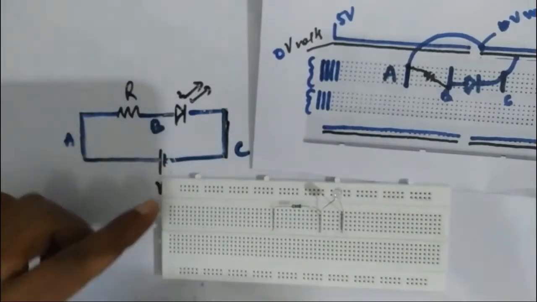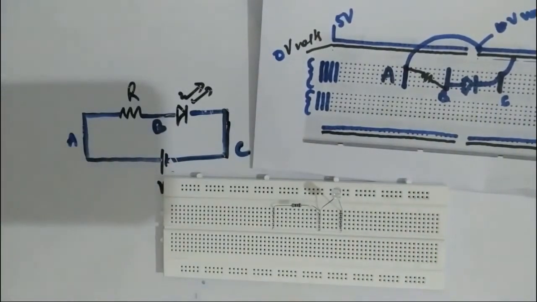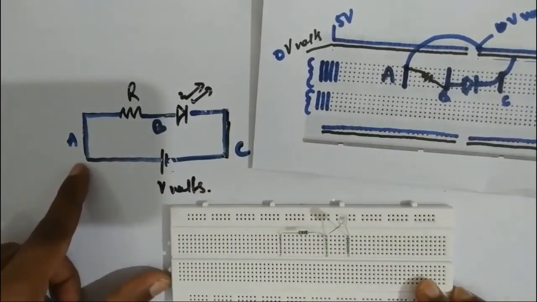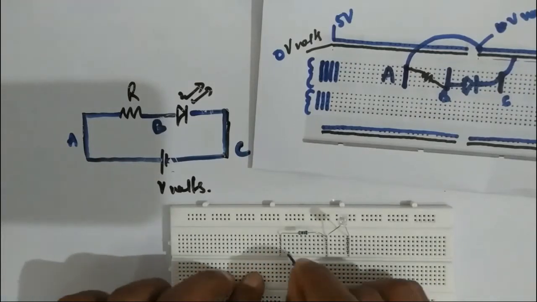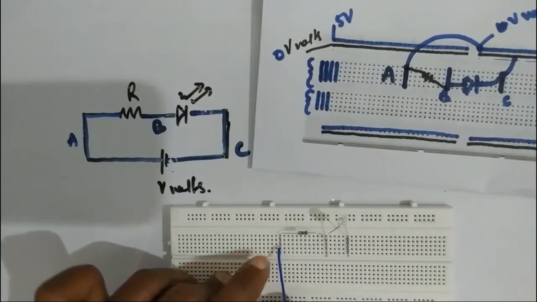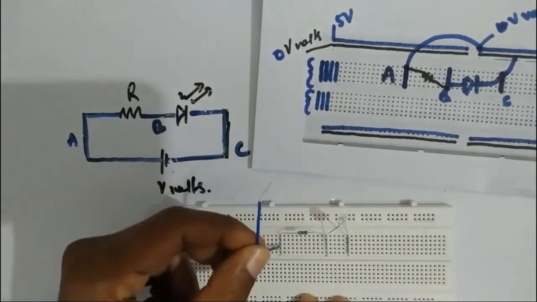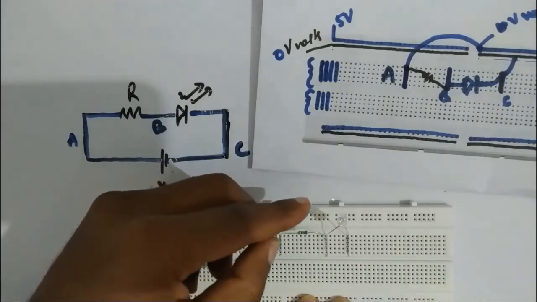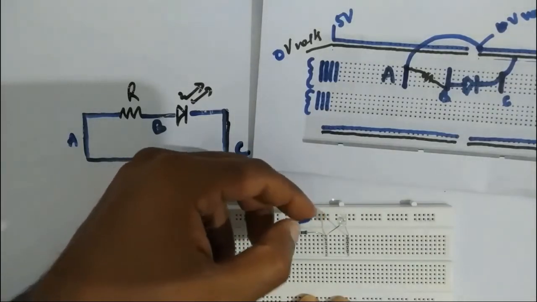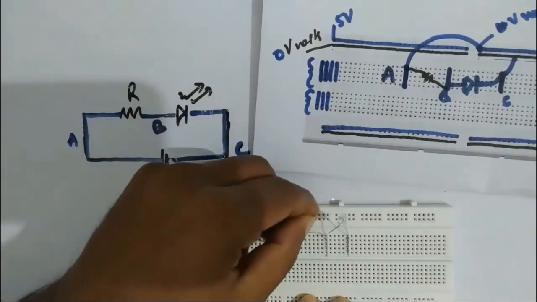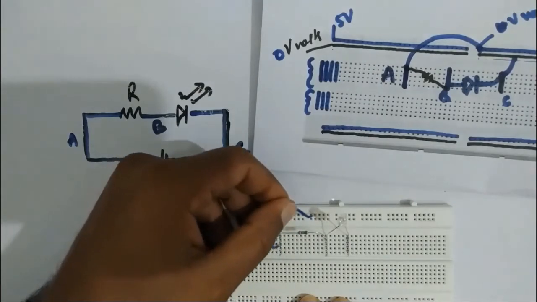Now point A is connected to V volts, or the DC power supply. So we have to connect this point via this single strand wire. We will see in the next class what different types of wires can be used for making connections in the breadboard.